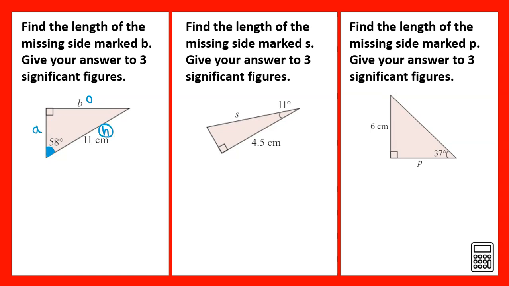Circling the one that's been given to us and the one that we're trying to find will highlight which ratio needs to be used. In this case, the opposite and the hypotenuse are needed for this question, meaning it will be the ratio that involves O and H, which is the sine ratio.